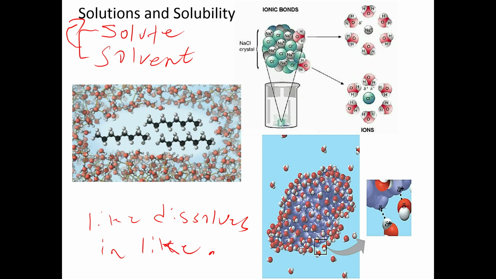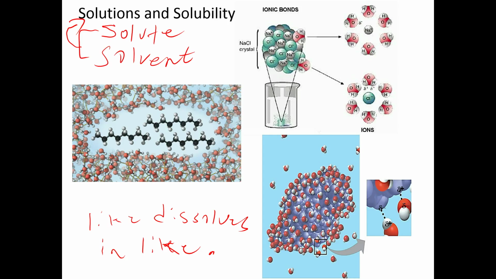What that means is if you have a substance that is, for instance, polar, and water is polar, the substance, your solute, if it's polar, it will be soluble, it'll dissolve in water, because the chemical properties of those two things are very similar with one another.